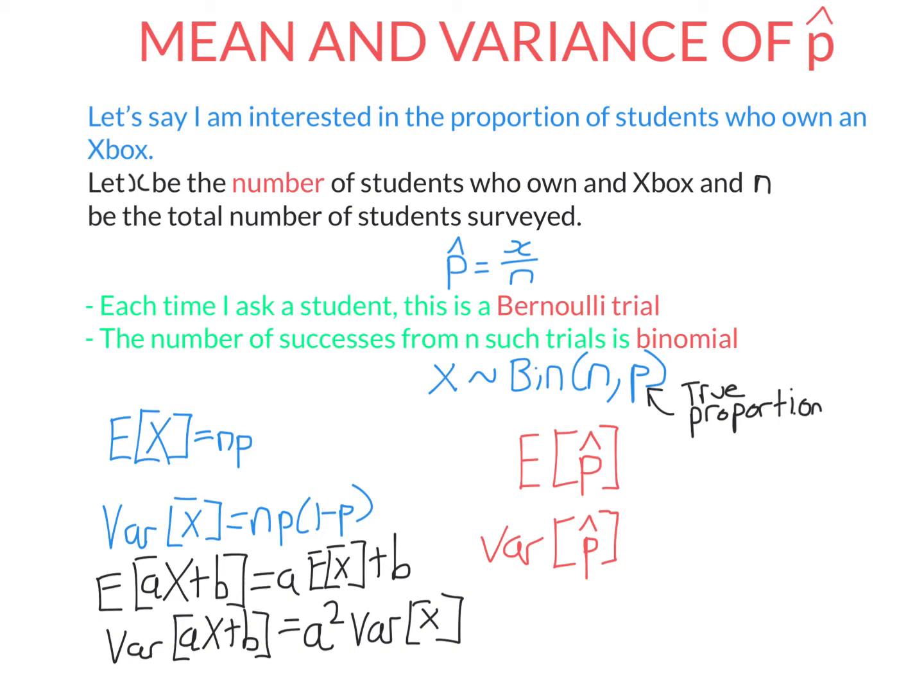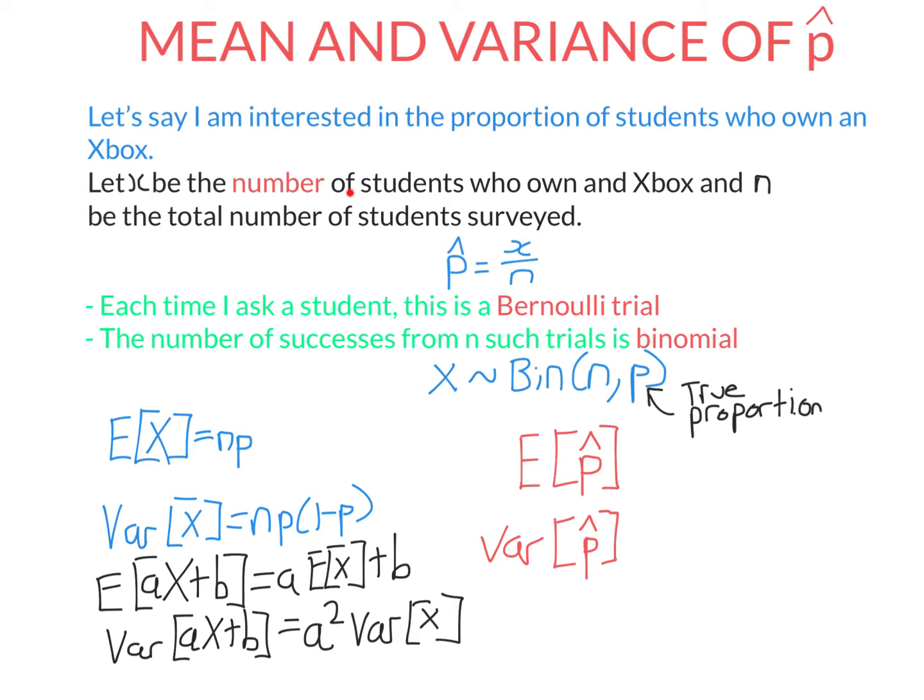Thank you so much for tuning into this video in which we look at the mean and variance of p-hat, the sample proportion. If I'm interested in the proportion of students who own an Xbox, my population is all students. That's heaps and heaps of people, so I'm not going to ask every single student. Instead, I'm going to ask a sample of n students.